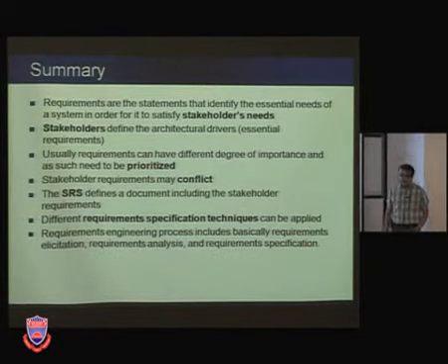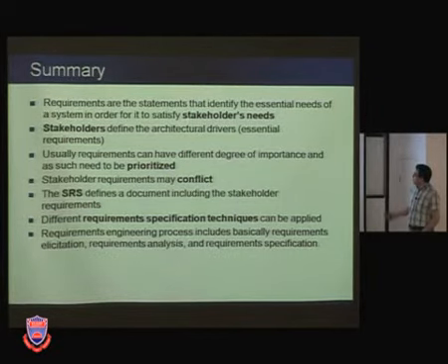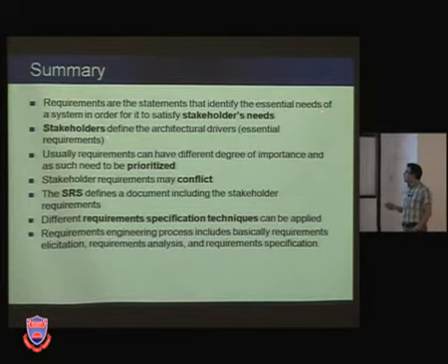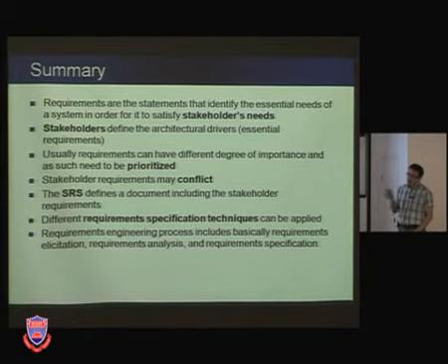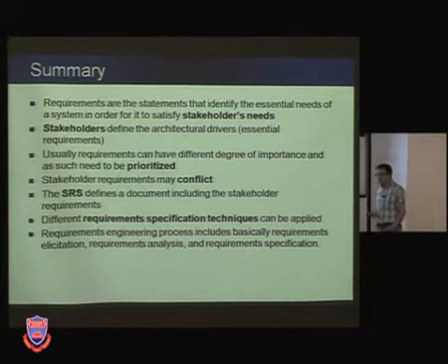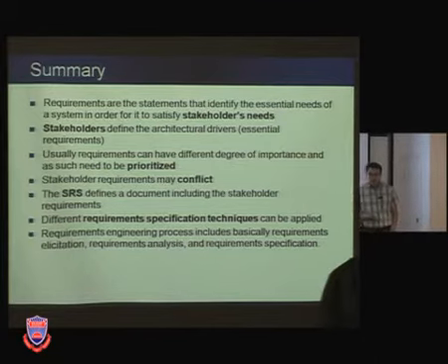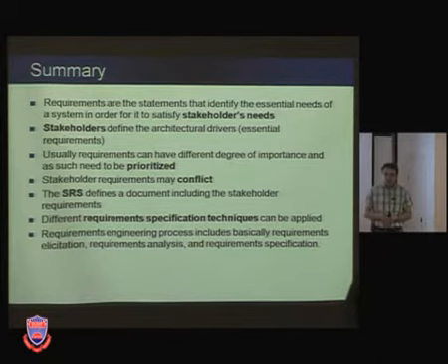Summary. Requirements are statements that identify essential needs of a system in order for it to satisfy stakeholder needs. In the architectural design process, the first process is requirements analysis, and the first sub-process is identifying stakeholders. Why? Stakeholders define the architectural drivers. They will shape the architecture.